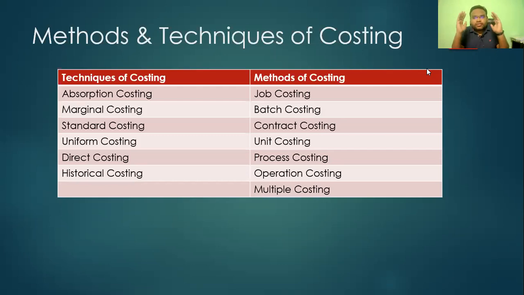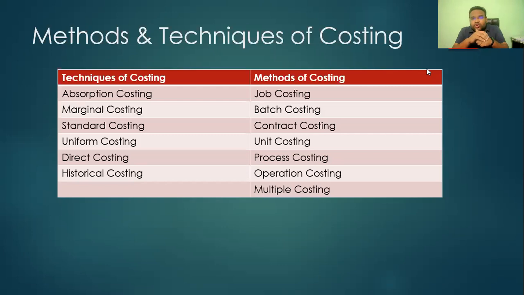Let me recap the concepts of techniques of costing and methods of costing. Techniques of costing are mainly used for decision making purposes. They provide a cost structure or estimate format for decision making. Examples are absorption, marginal, standard, all these.